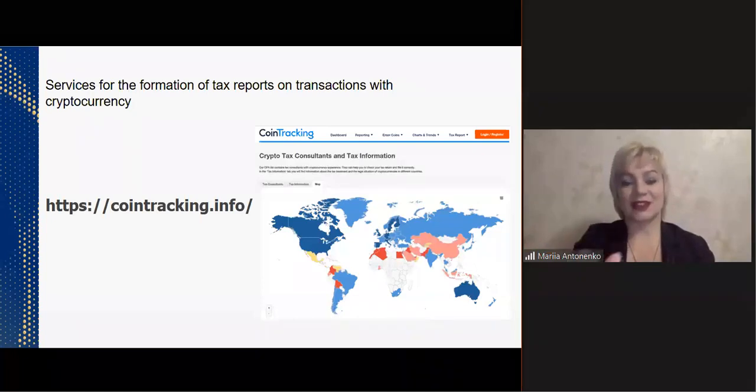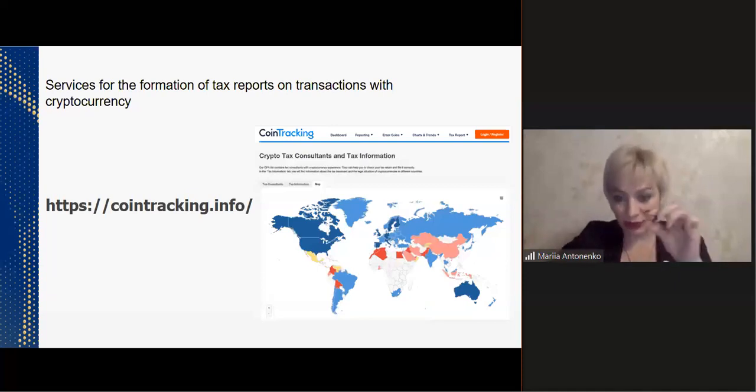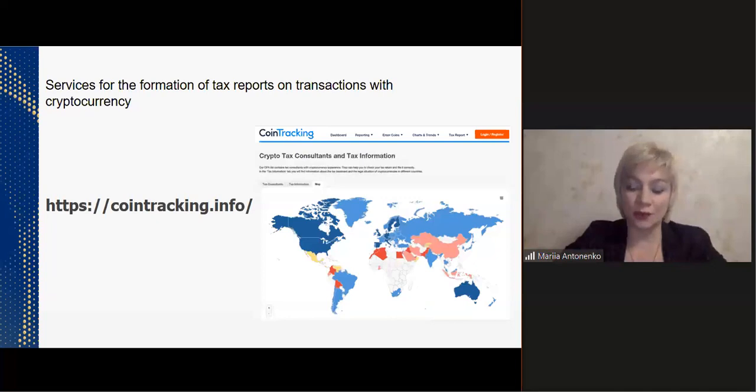Africa, for instance, is white, meaning that on this service, they keep no information about the taxation on cryptocurrencies in Africa. There are only a few countries in the African region with the legislation already adopted, but all the other countries are in white.